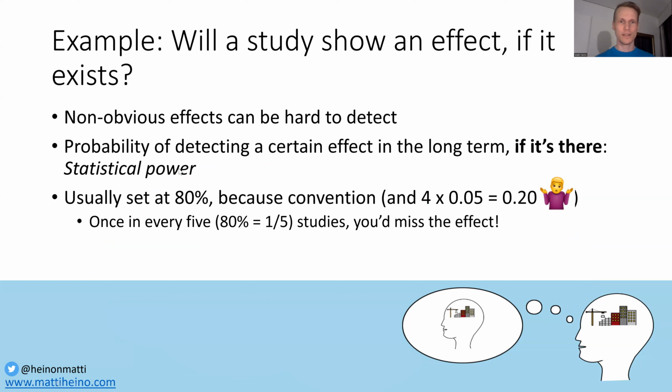This probability of detecting the effect is usually set at 80%. And that's just an arbitrary convention, completely out of the blue. Like the statistical significance threshold of 0.05, it was also said that you should think about this very carefully, but people don't. They set it at 80% just because.